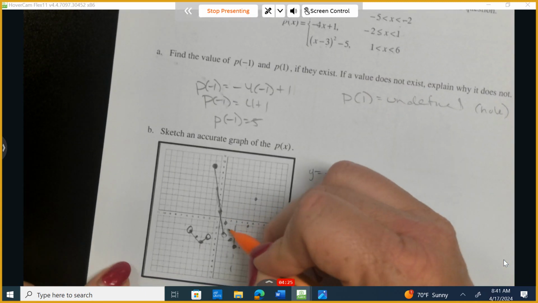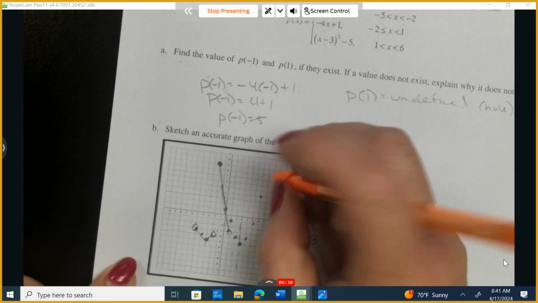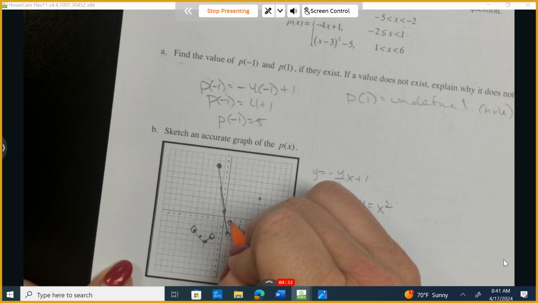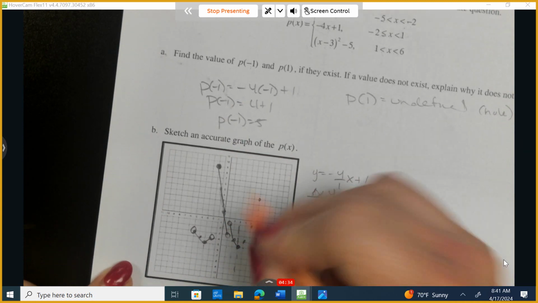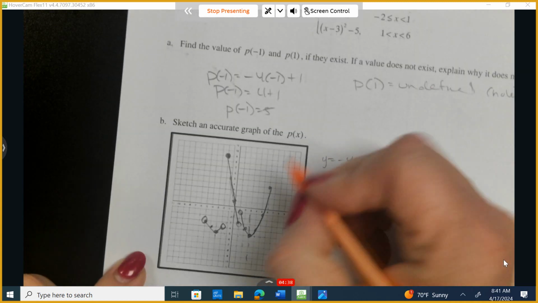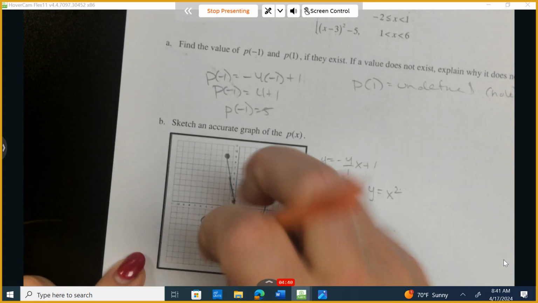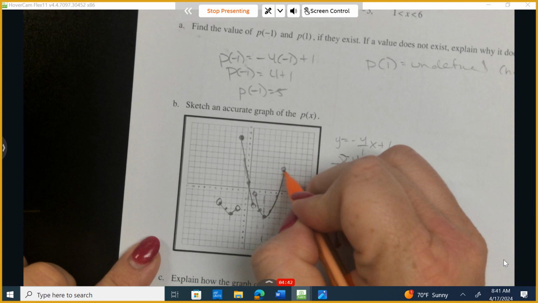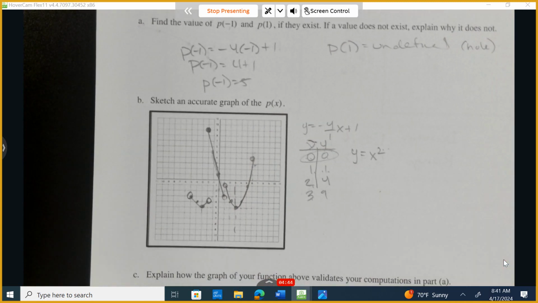Well, here's 1, and at 1 I need to have an open circle because there's no line underneath. And here is 6, and at 6 I need to also have an open circle there. All right. That's a lot of work.